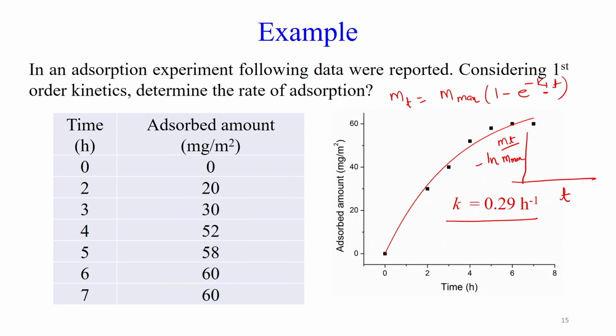If you plot this, then whatever slope comes will be equal to k. So, either you can fit this expression to the experimental data, or you can plot the ln versus t, and the slope will be the value of the rate constant. Here the rate constant for this adsorption data is coming out to be 0.29 per hour, because we are considering the whole adsorption as first order kinetics.